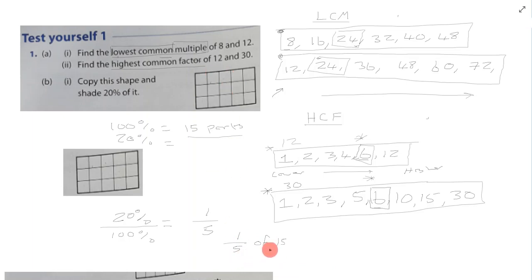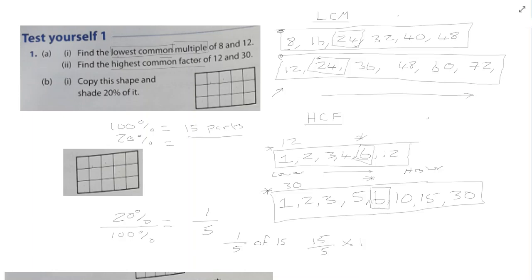So you take your quantity, which is 15, and you divide by the denominator, which is the number on the bottom, and you multiply by the numerator, which is the top. What will that look like? 1/5 of 15 is equal to 15 over 5, which means 15 divided by 5 multiplied by 1.